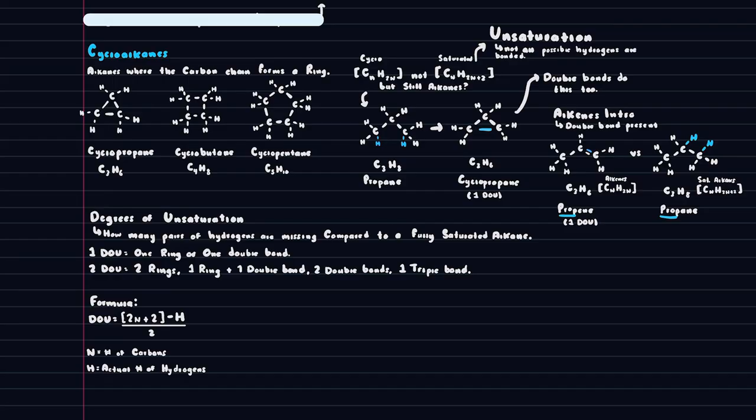But in the Olympiad you do have to worry about this, because a lot of the time you'll be given a formula and asked to draw the structures, and whether it's unsaturated or saturated will help guide you on drawing the correct structure, or all the possible structures. You haven't learned that yet, but a single formula can have multiple structures, and this can help guide you on how to draw them, because some of them can be ringed, some of them can be linear, some of them can have double or triple bonds. So this will be very useful later on.